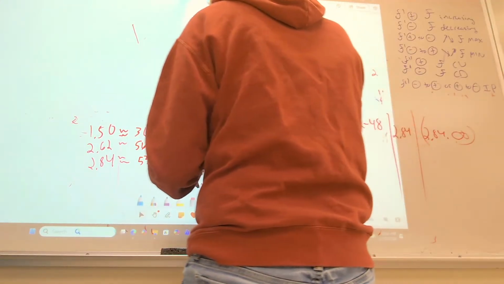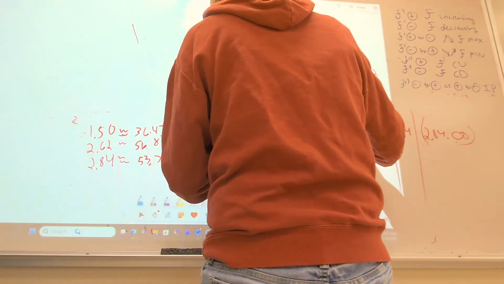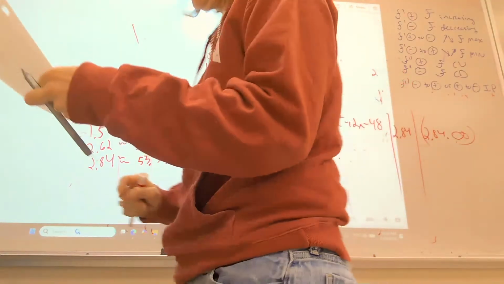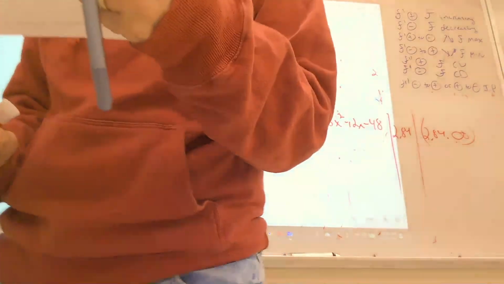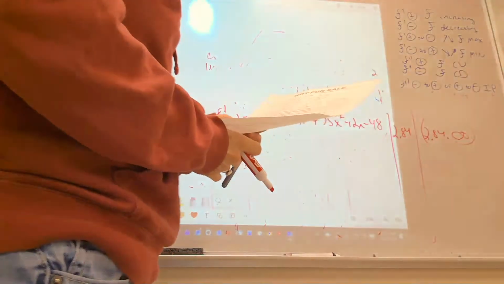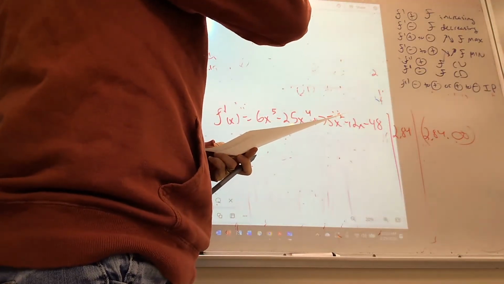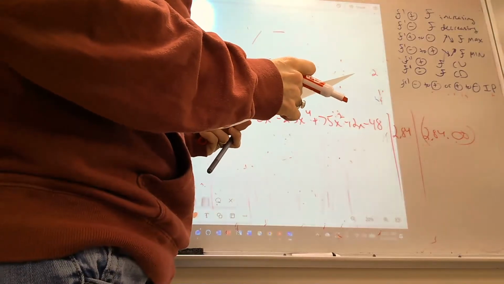So we're graphing 6x to the 5th minus 25x to the 4th plus 75x squared minus 12x minus 48. All right, so you're going to get your zero crossings.